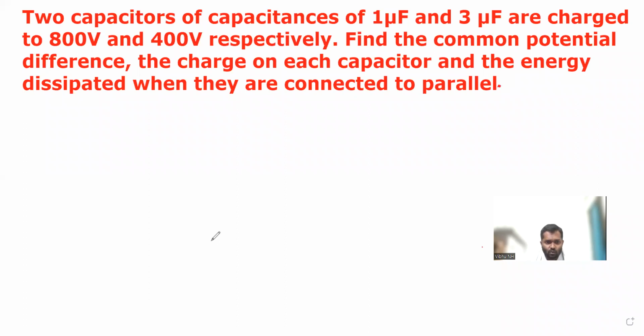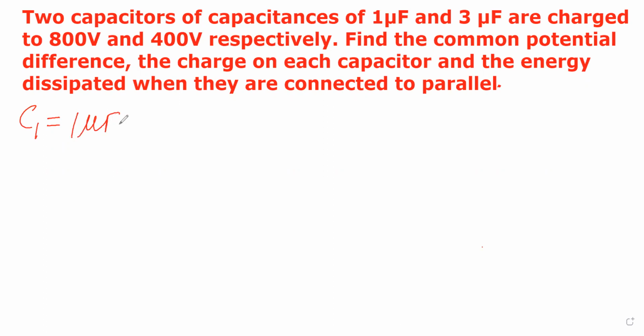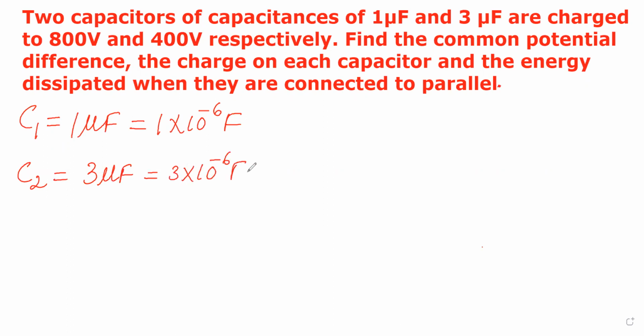First we'll write down the given data. Capacitance C1 equals 1 microfarad, which I can write as 1 into 10 to the power minus 6 farad. Then C2 equals 3 microfarad, which is 3 into 10 to the power minus 6 farad.